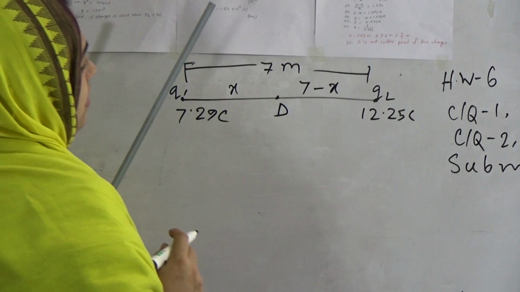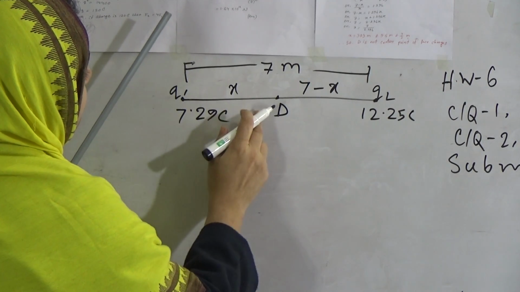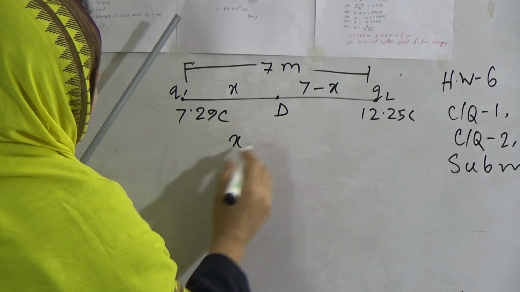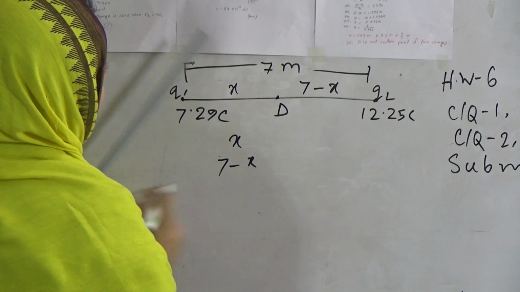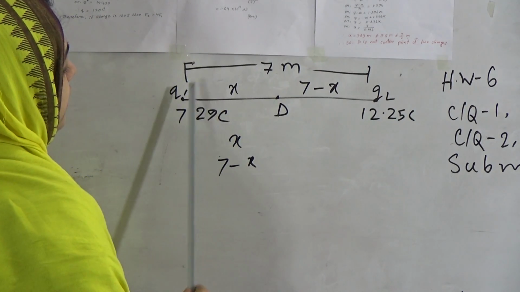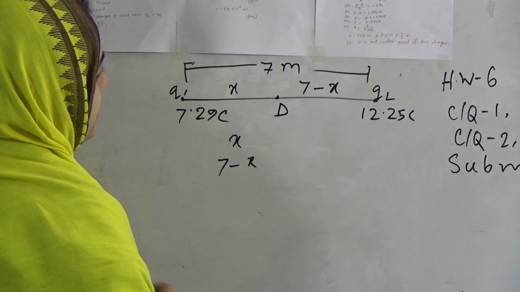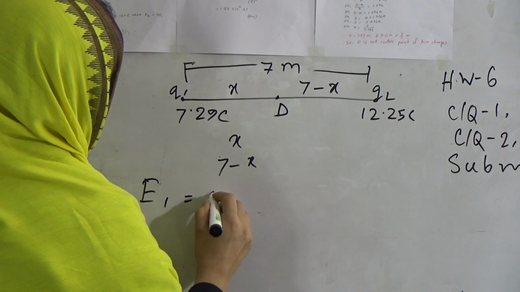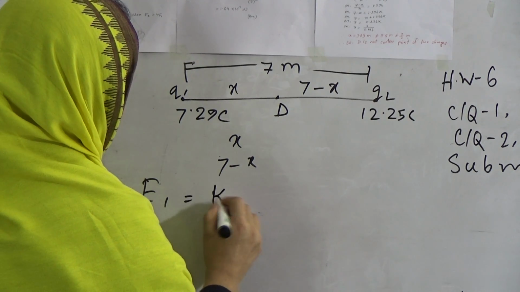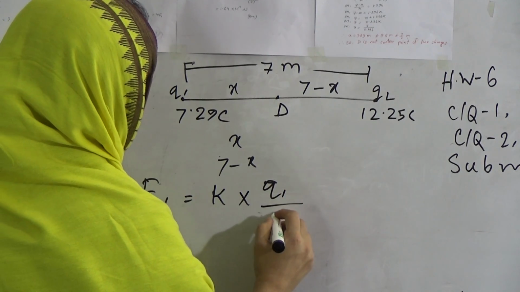From the Q1 charge, the electric intensity at D is E1, which equals K into Q1 divided by R square.